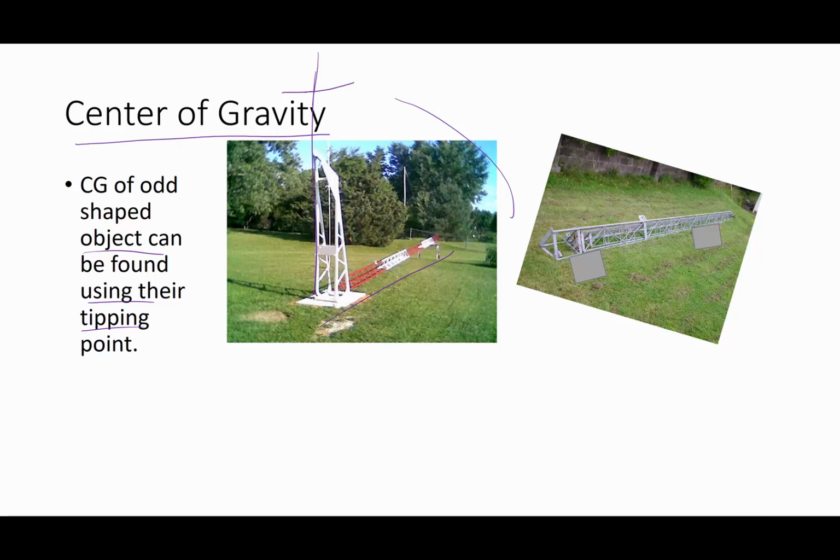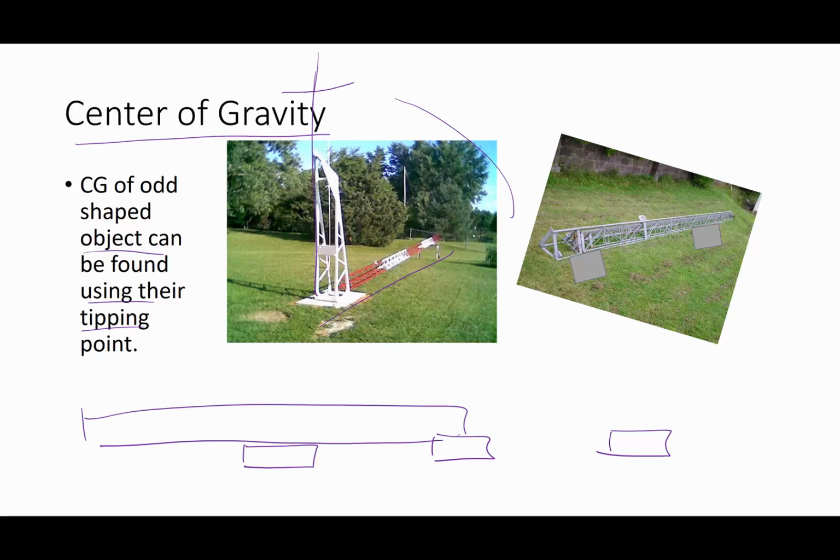So what we did instead is this. We put a whole bunch of concrete blocks in the middle of our driveway, and we put this tower on top of it. And then we kept scooching the tower off the concrete blocks.